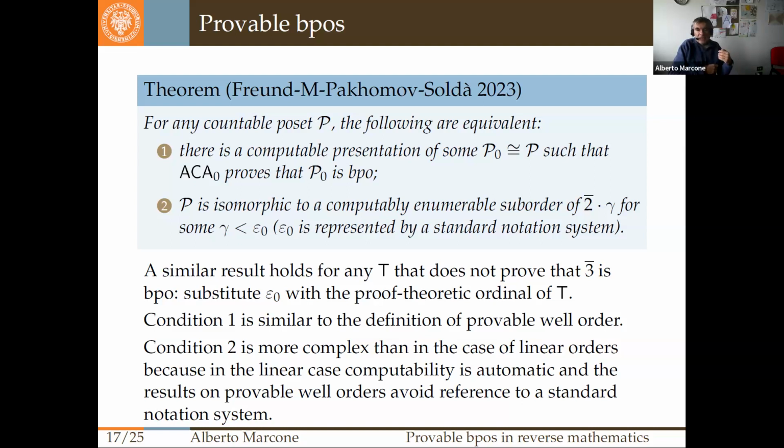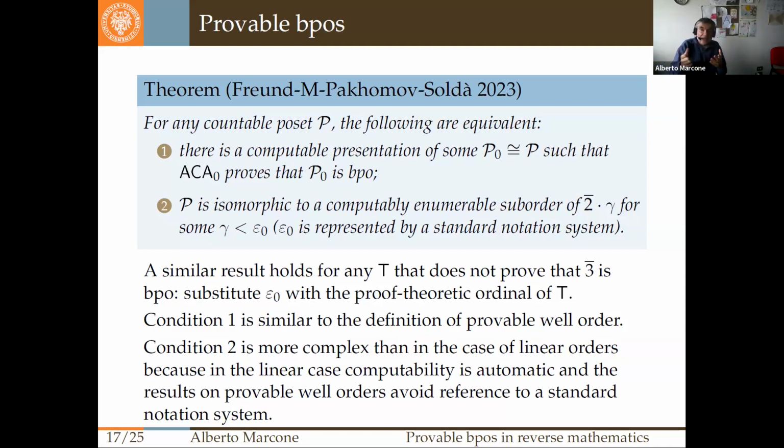The point here is that in the linear case, computability comes for free. Why does it come for free? Well, basically because any suborder of gamma which is a well order is actually isomorphic to an initial segment of gamma, because this is a property of well orders, and an initial segment of gamma is automatically computable because it's just a set of elements which are below some other element, right?